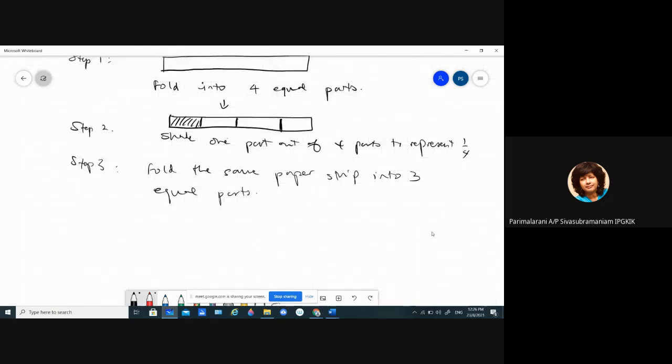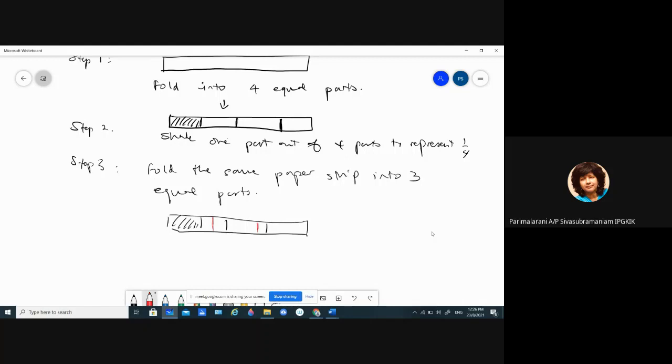Now you have the same piece of paper which you have already divided into 4 parts earlier. Now you want to fold it into 3 equal parts. Using a different color, mark the 3 parts.